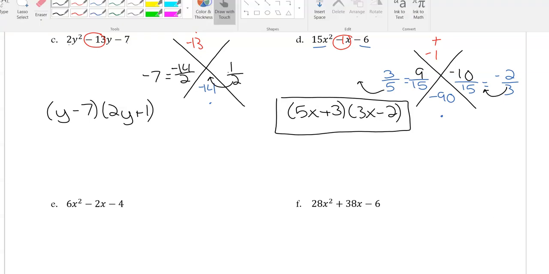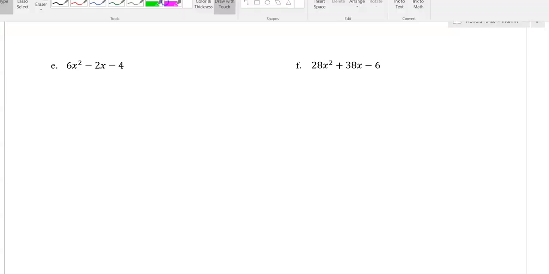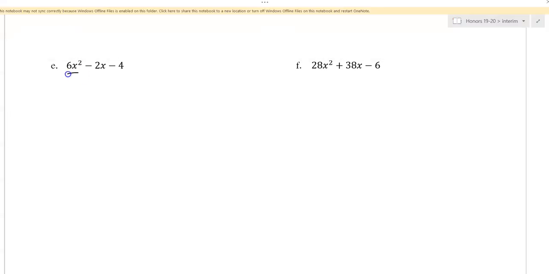Real quick, we're just going to do these last two. I'll run through them. Now, I want to be careful. I still want to check for a greatest common factor if I can. If I look at E, 6, 2, and 4 are all divisible by 2, okay, it'll make the problem easier because you won't have to think of your big numbers, okay?